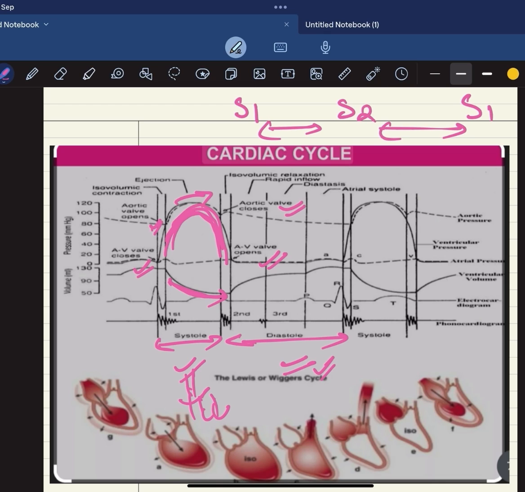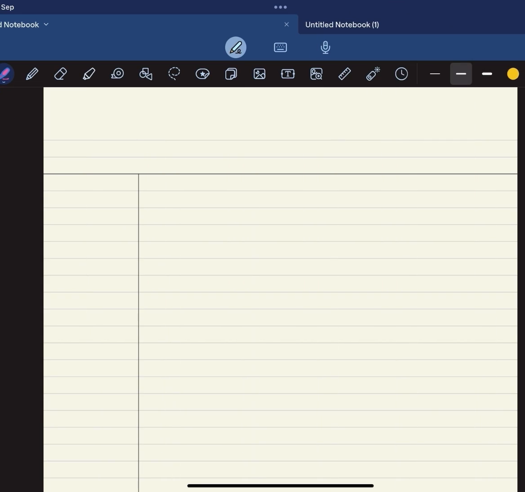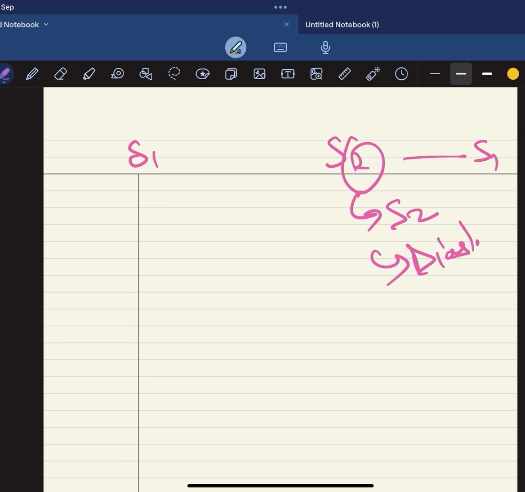So if we see the heart sounds further, from S1 to S2 is the systole, from S2 to S1 is the diastole. We can also remember it as S2, the 2 is for di, so it is for diastole.